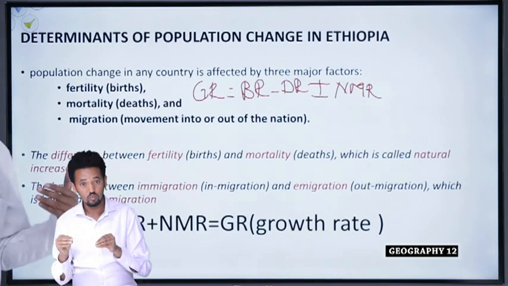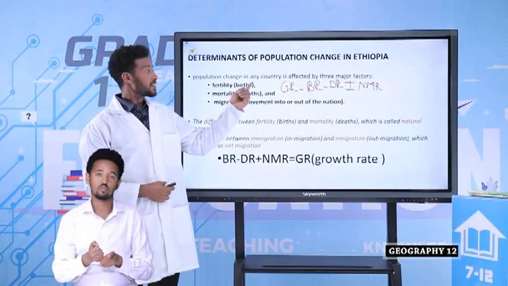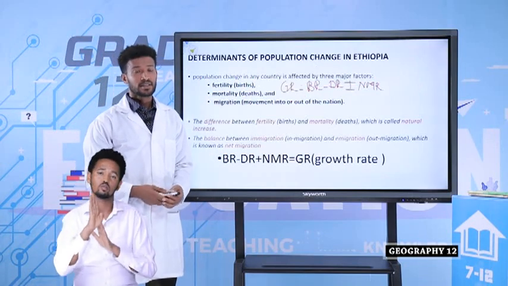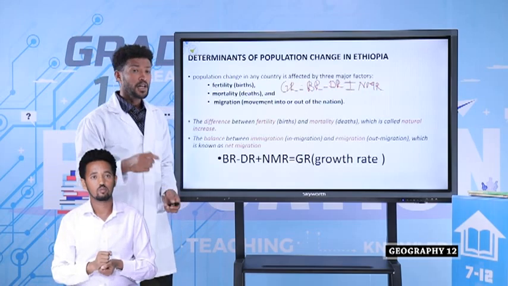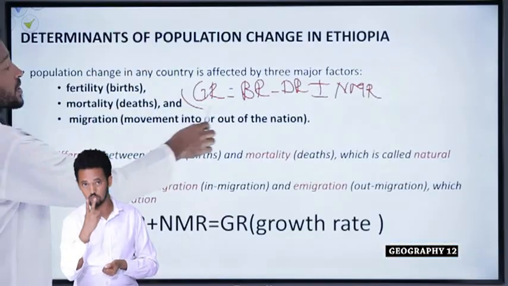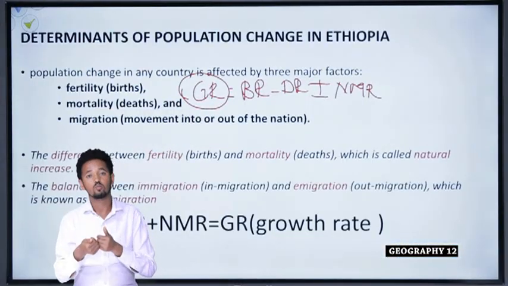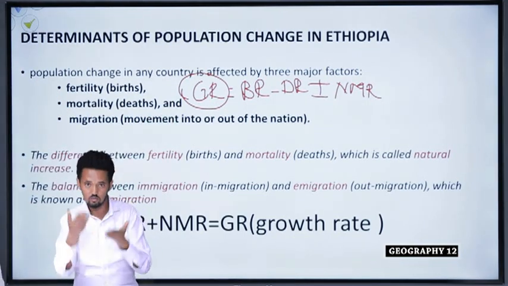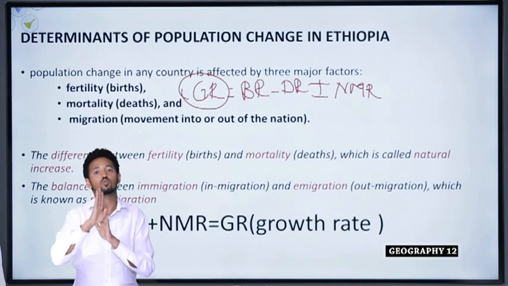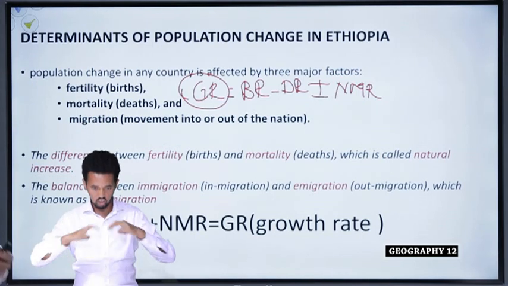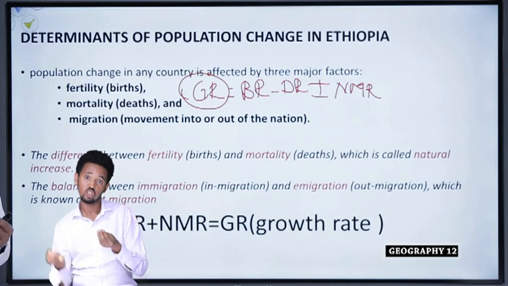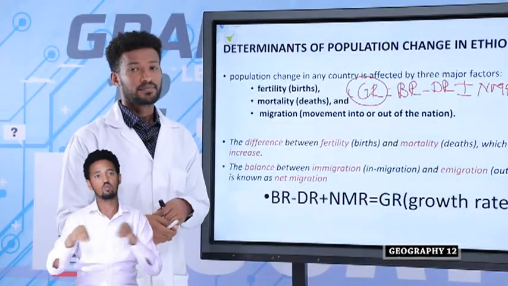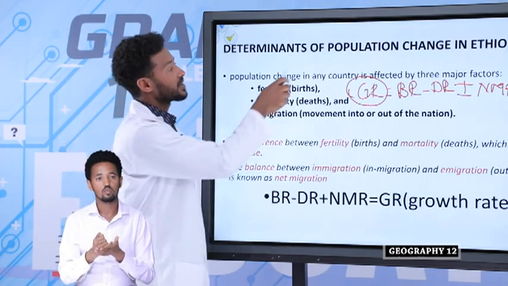Students, in our next session, we will see how to calculate this population growth rate. Our mission is to know how population is changed. The final result of this formula gives us the growth rate. Then you can check whether one country's population is increasing, decreasing, or constant. That is what we call change.